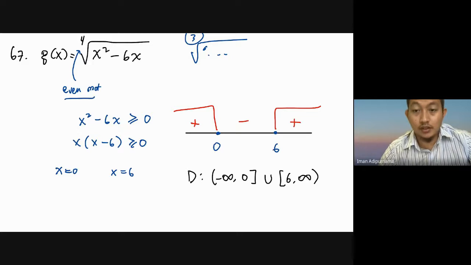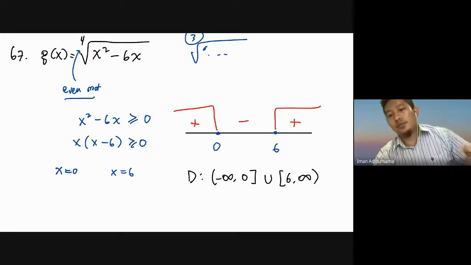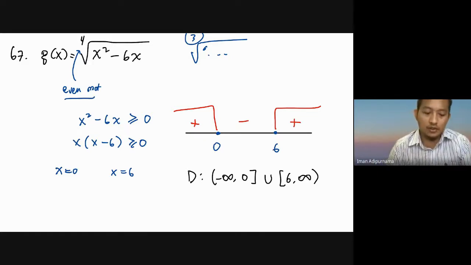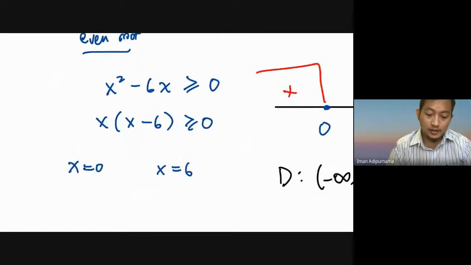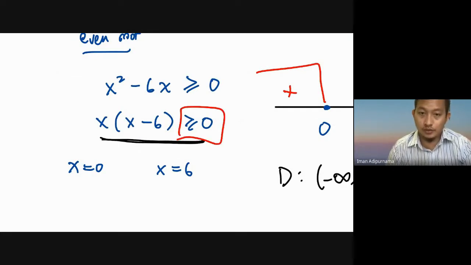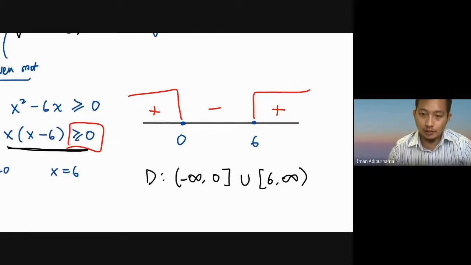Basically, to solve the domain, you need to know which one is your goal. For example, here, your goal is to make it greater or equal 0. So when you are doing the number line, you know what to do.